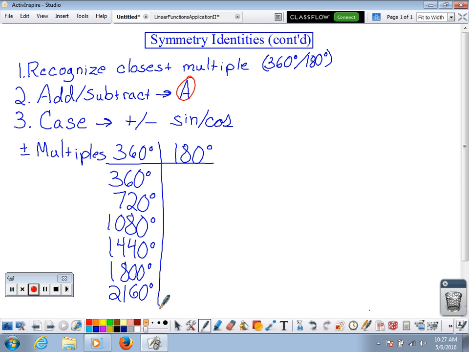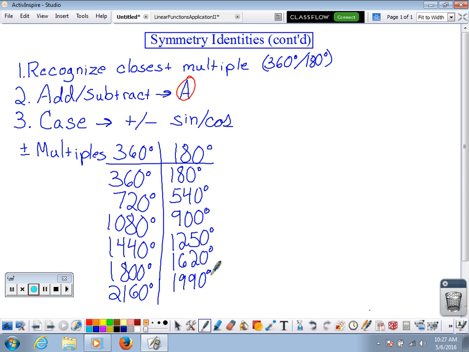And now the multiples of 180, which are going to be between each of these: 180 degrees, 540 degrees, 900 degrees, 1250 degrees, 1620, and 1990 degrees. And again, anything greater than that is just excessive.